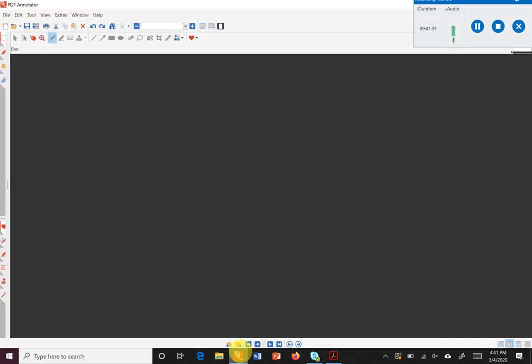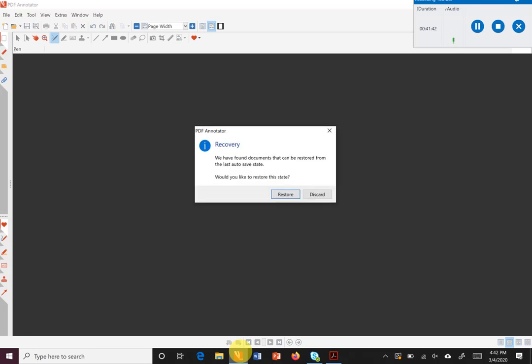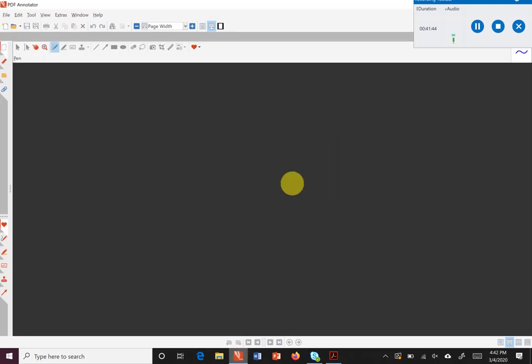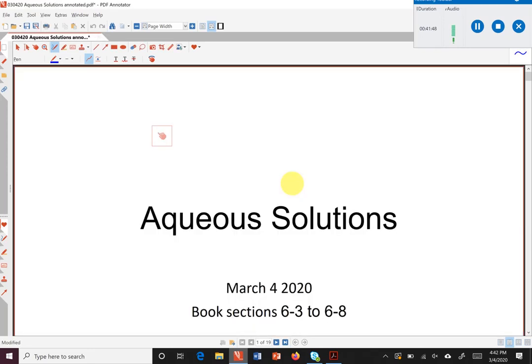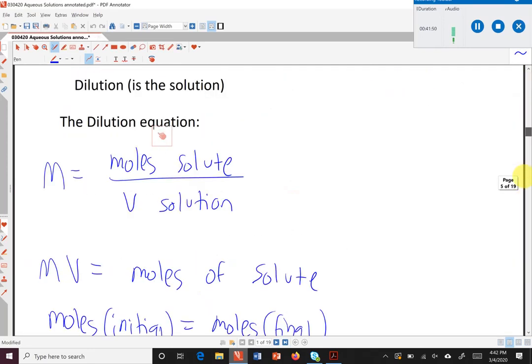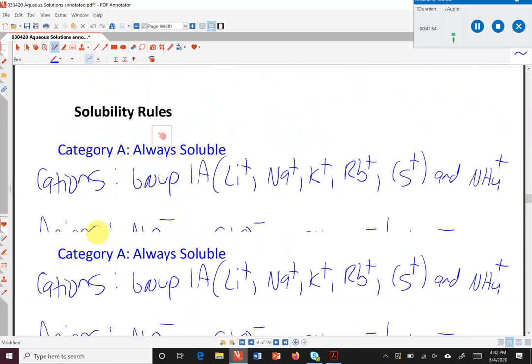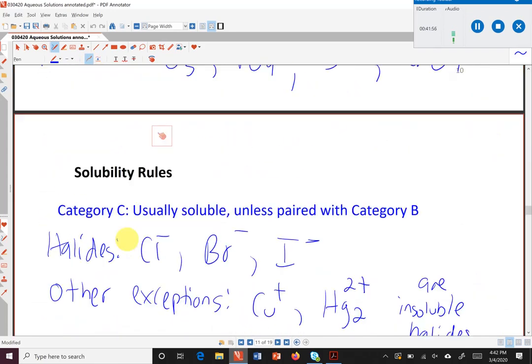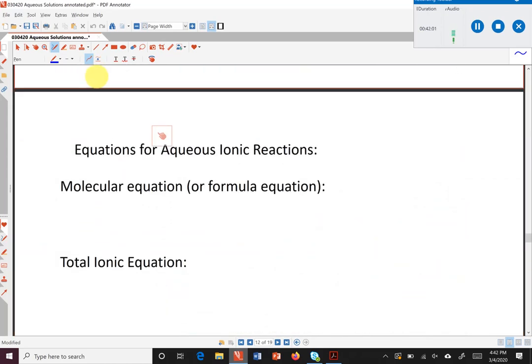All right, so this is going to come back. We'll see how much of the notes get recovered so I don't have to rewrite them. Usually the last one I was working on when it crashed does not come back, but we'll see. We're good. Yeah, we lost that page as expected. Okay, no big deal.